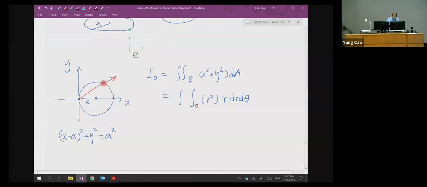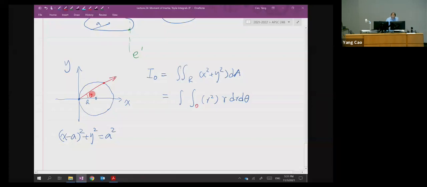Second contact gives you r max. R max, unfortunately, is not going to be constant. If you draw it here, it's a different length for r max. So we need to find an expression for r max in terms of theta. That's the tricky part here.